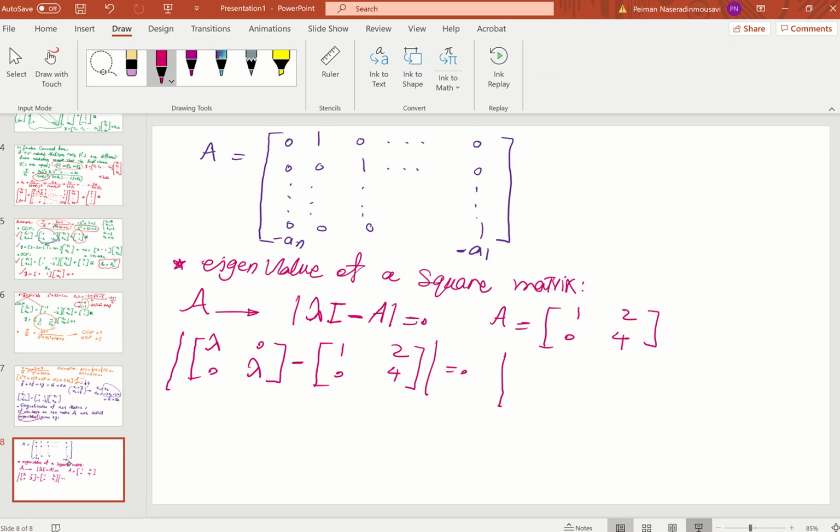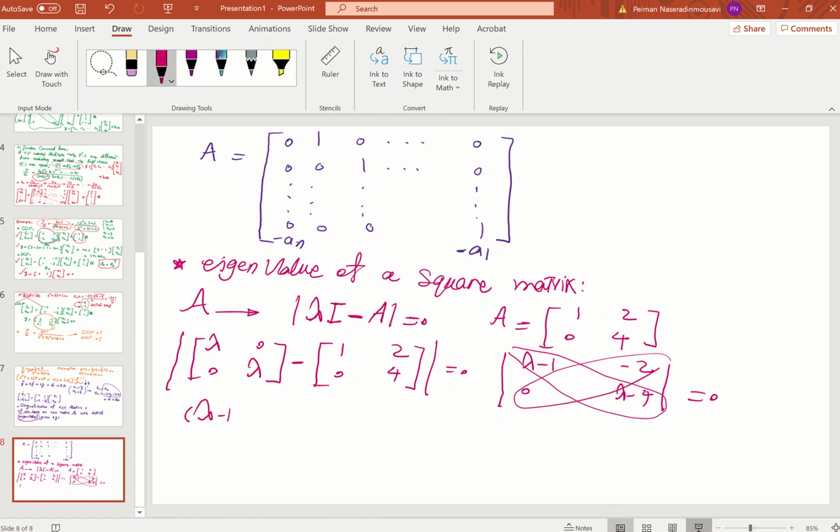So this is the determinant of lambda minus 1, minus 2, 0, lambda minus 4, equal to 0. The determinant of this is the multiplication of the diagonal minus the multiplication of the non-diagonal elements. So it is lambda minus 1 times lambda minus 4, minus minus 2 times 0.